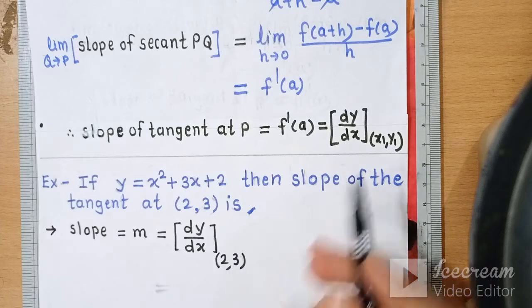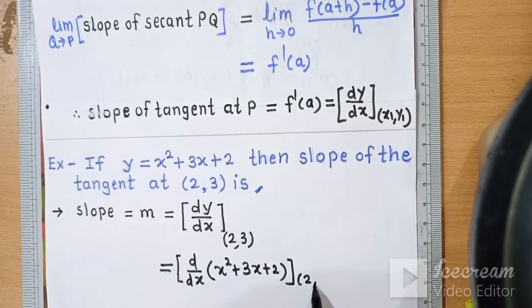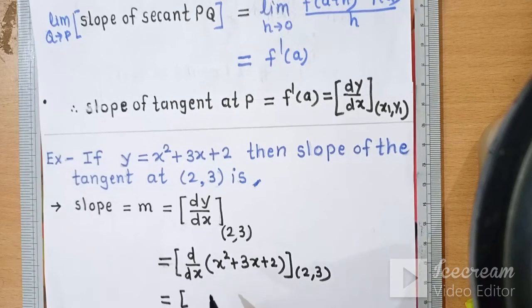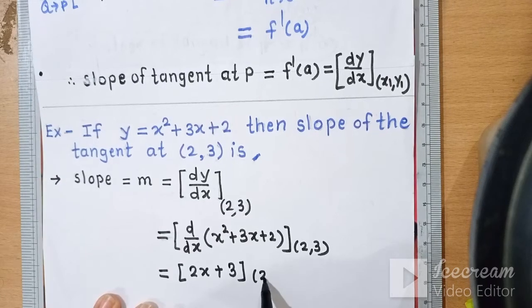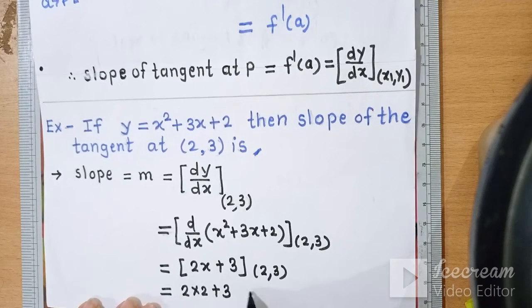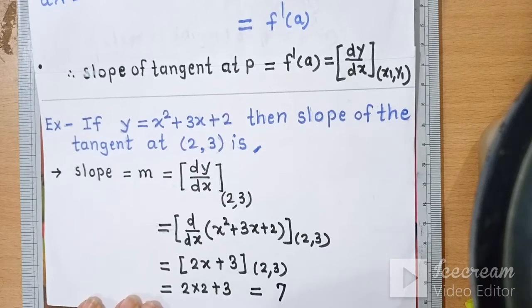So we will find the derivative. The derivative of the function is 2x plus 3 at the point. Now substitute x coordinate, y coordinate. So 2 multiplied by 2 plus 3, and that is equal to 7.